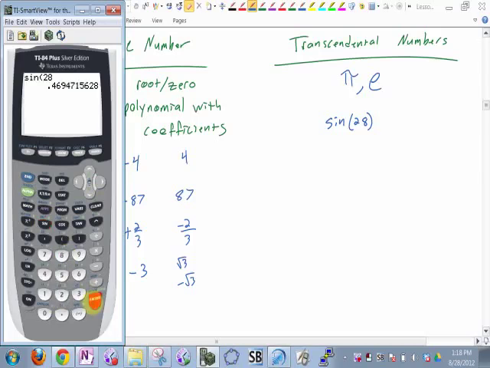It's an irrational number. It goes forever and ever, never repeats. But that number is most likely also transcendental, not algebraic. You cannot create a polynomial with rational coefficients that has that as a solution. Hence the reason we call this a transcendental function, sine.